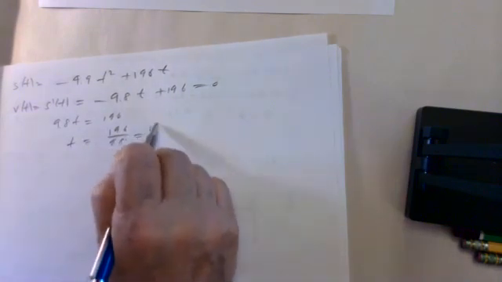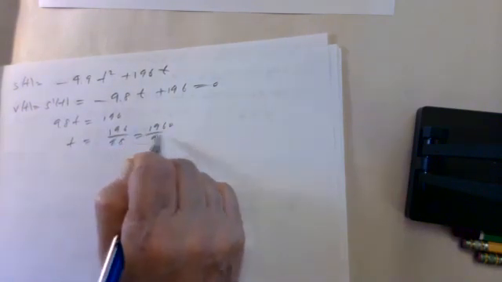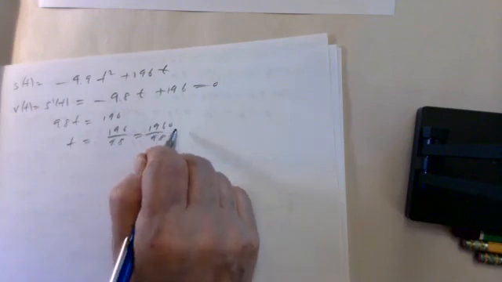It equals 0 when 9.8 t is 196, or t is 196 over 9.8, or 1960 over 98. And that's equal to 20.